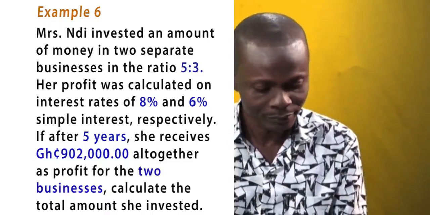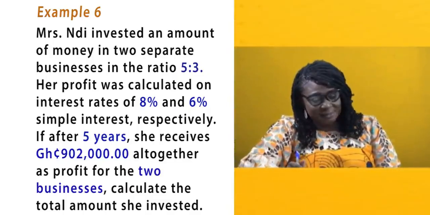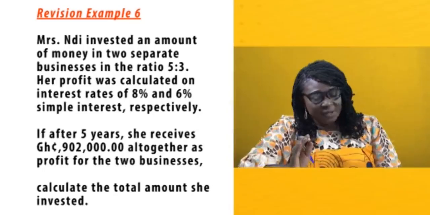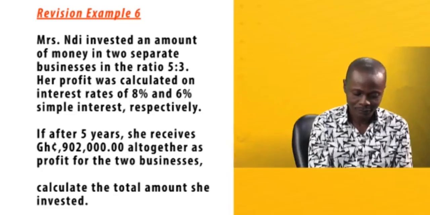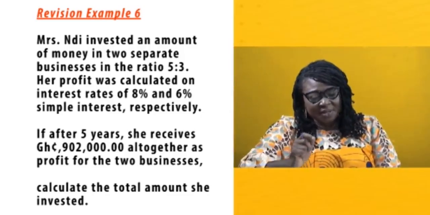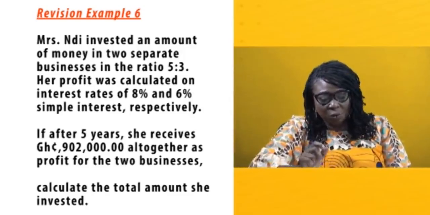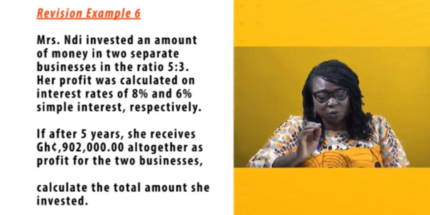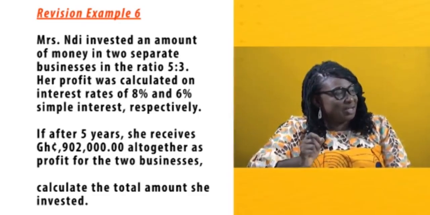Mrs. Indy invested an amount of money in two separate businesses in the ratio 5:3. Her profit was calculated on interest rates of 8% and 6% simple interest respectively. If after 5 years she receives 902,000 Ghana cedis altogether as profit for the two businesses, calculate the total amount she invested.